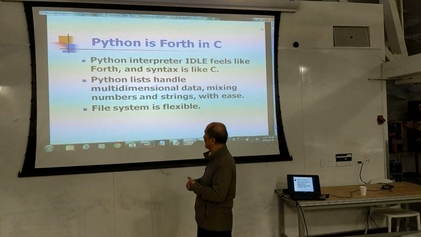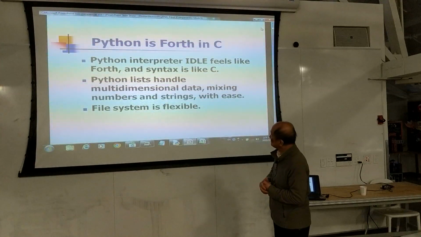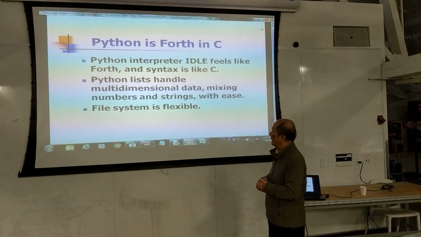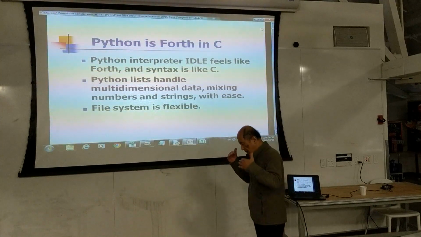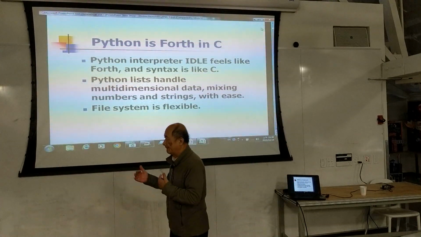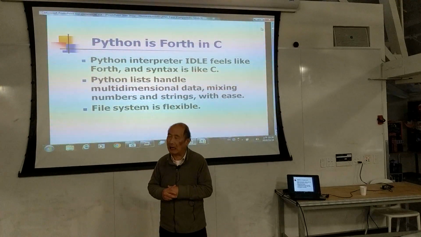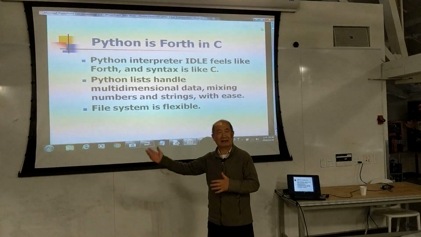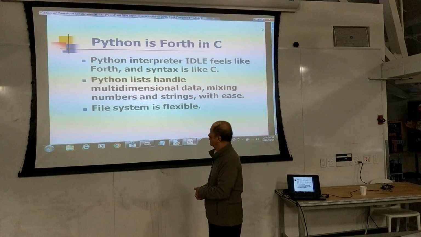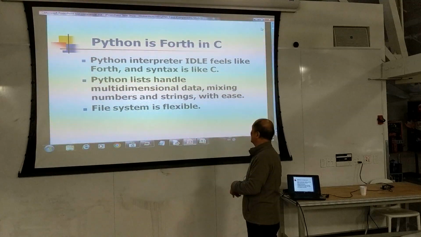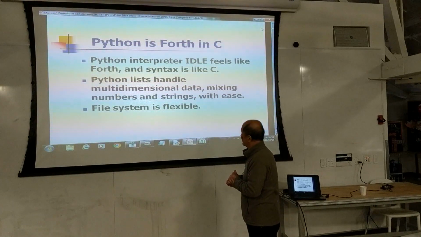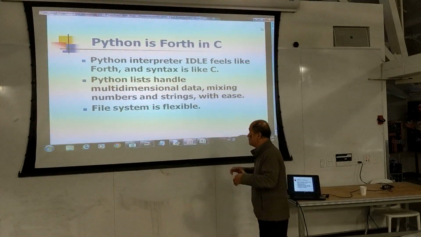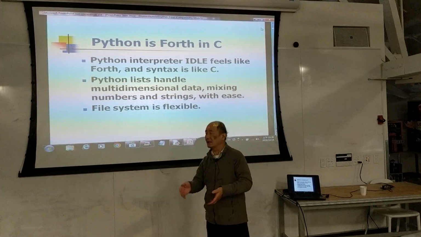And the most important thing is the Python list. The Python list is almost the basic data structure used in Python. Generally it will convert everything into a list, and then you can handle everything from the list and do other things. So the list is extremely powerful, and it can handle multidimensional data. And you can mix numbers with strings and any other kind of stuff. So the list is extremely powerful.